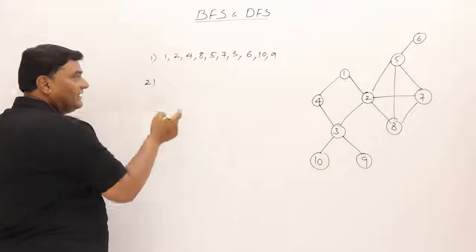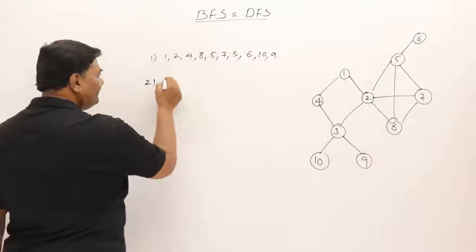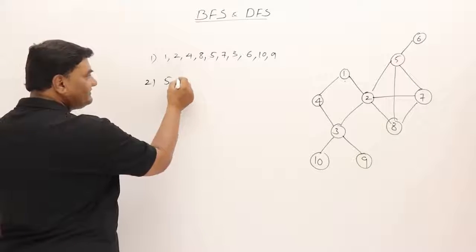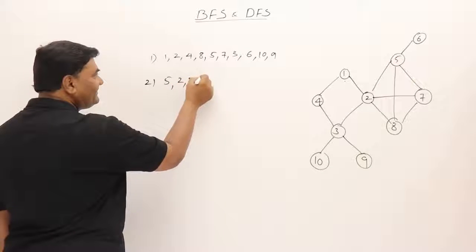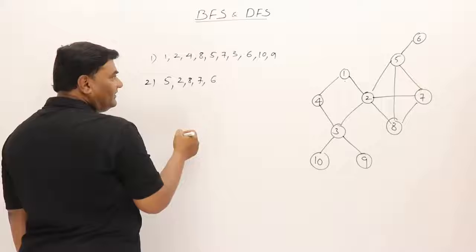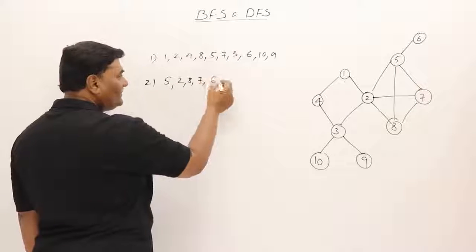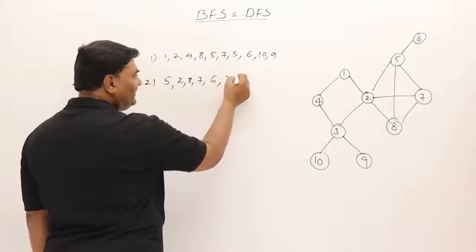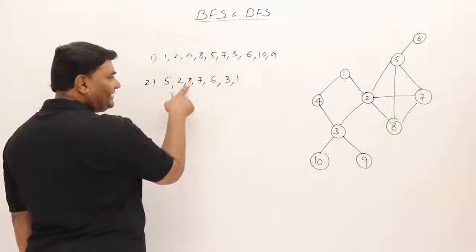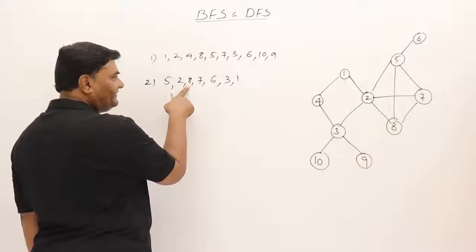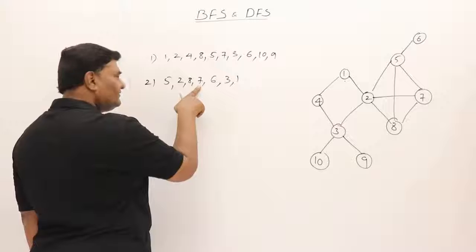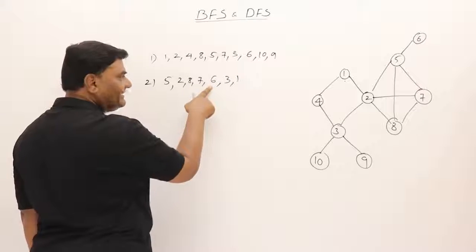Then one more. I'll start exploration from 5. From 5, adjacent are 8, 7 and 6. Now explore 2. Who are adjacent to 2? 3 and 1. Now explore 8. 7 is already visited, everything is visited. 6, nothing is there.